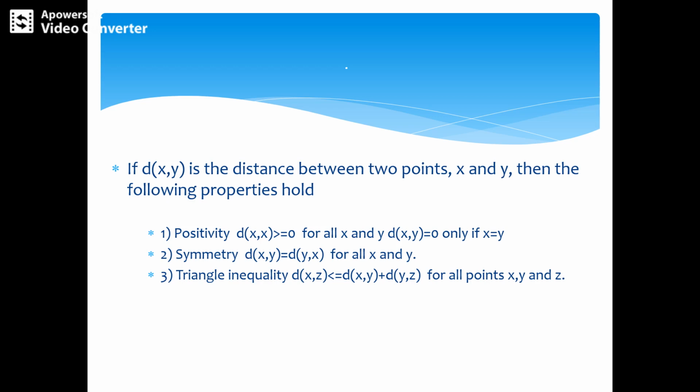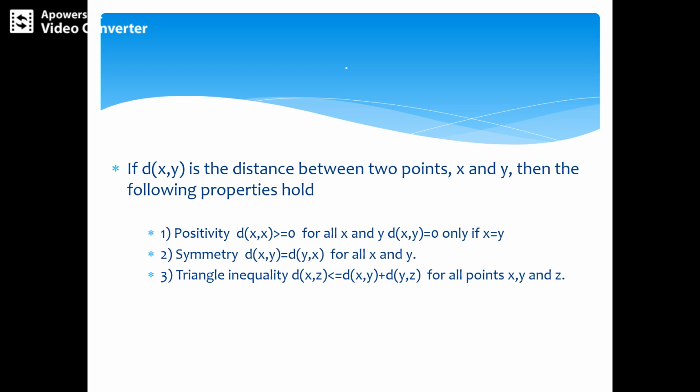Distance of x comma y should be greater than or equal to 0 for all x and y, and distance of x comma y equals 0 if and only if x equals y.